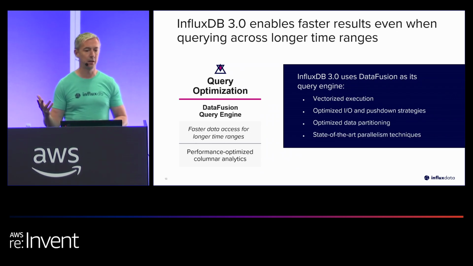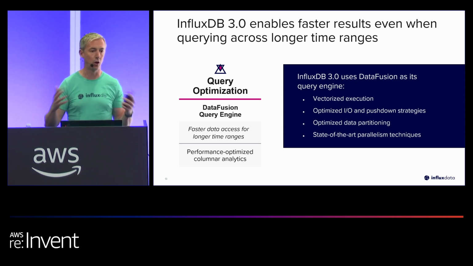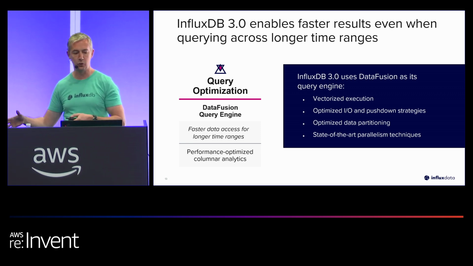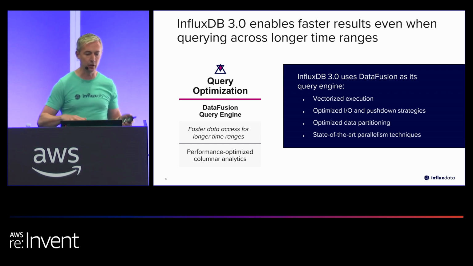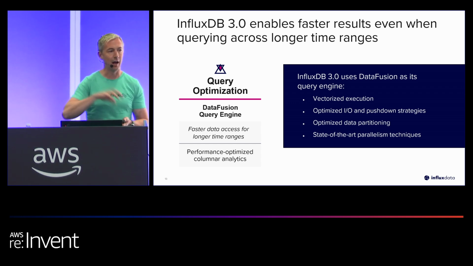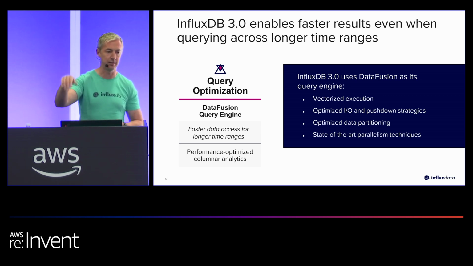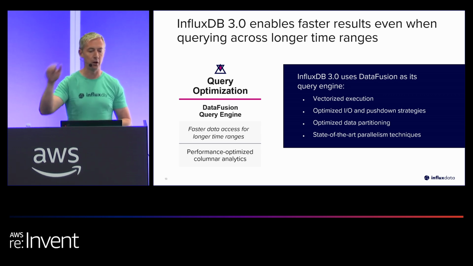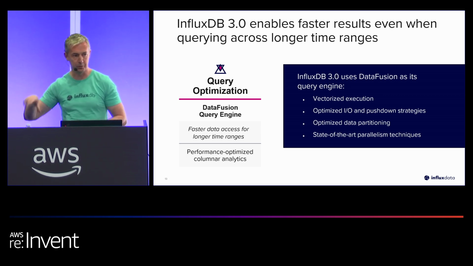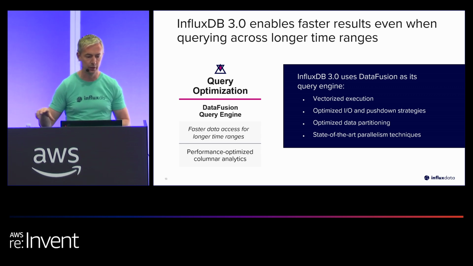But at the same time, InfluxDB 3.0 enables faster results even with larger data sets. And again, this is because of that DataFusion query engine. It's vectorized execution, it's optimized I/O, where we can push down processing into the actual Parquet reader so we know which columns to decode and which not to decode.